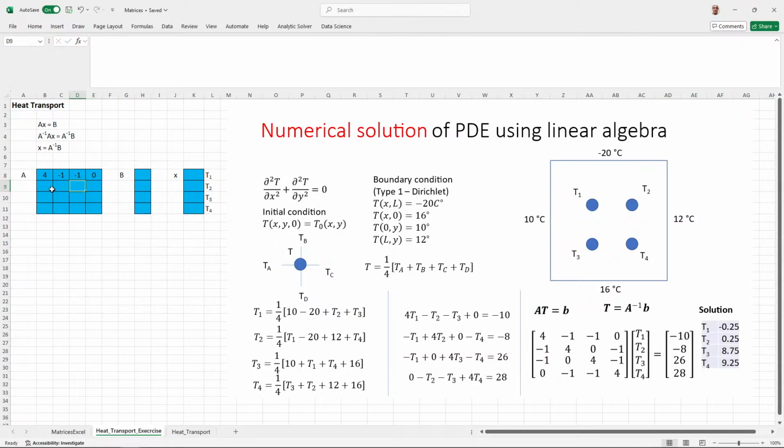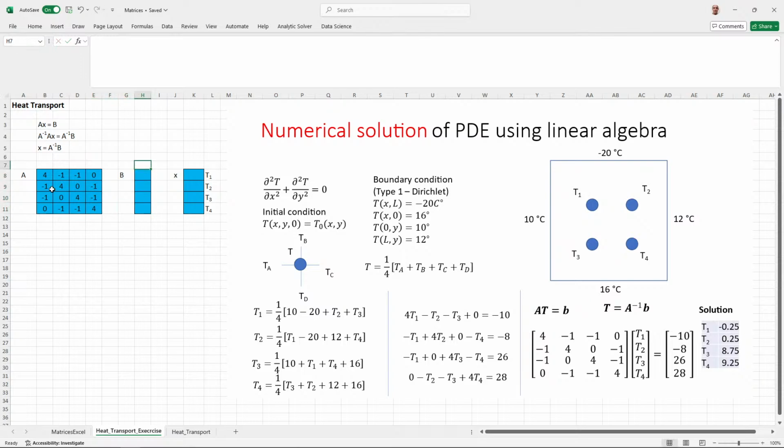And here -1, -1, and 0. And here 4, 0, and -1. And here 0, 4, and -1. And here -1, -1, and 4.